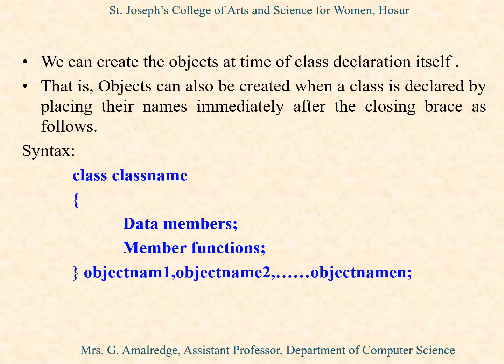We can create the objects at the time of class declaration itself. That is, objects can also be created when the class is declared by placing their names immediately after the closing brace as follows. So here, class name and data member declaration, member function declarations. After that, before the end of the class, we have to create the objects.